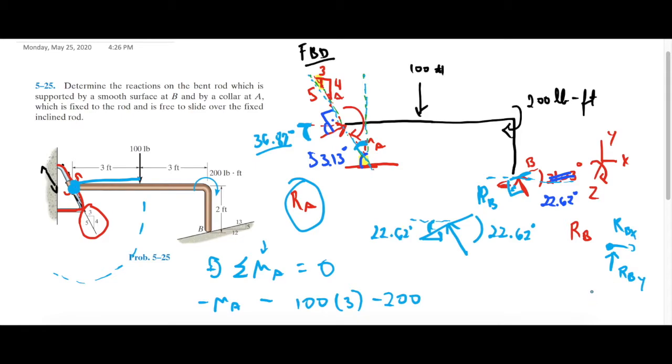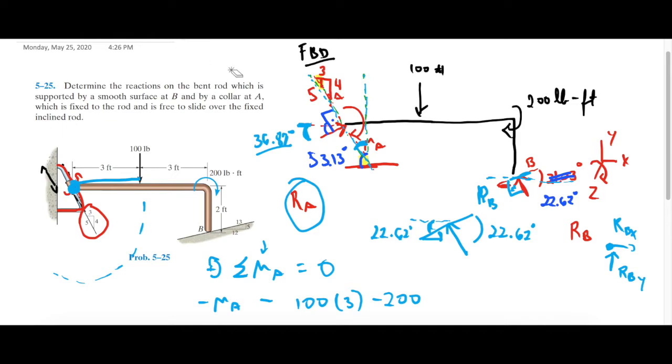However, instead of calling them RBY and RBX, we're just going to call them RB cosine something or RB sine something, which is the angle that we figured out. So let me just do it here, that would be this guy and this guy. And actually, I should probably draw these according to the geometry that we're given and the way that I predefined them, because otherwise it will be completely wrong.